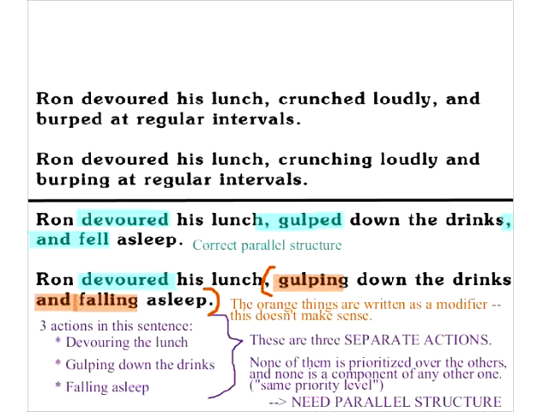Because they don't modify. Remember what modify means. Modify means that you have to actually tell me more or give me further description or additional information about something. If I'm using those as a modifier, that would mean that gulping down the drinks and falling asleep would be additional information about how I devoured lunch, and that's false.